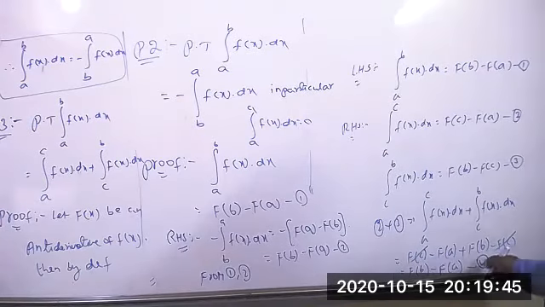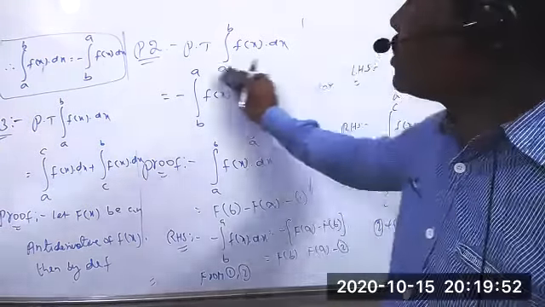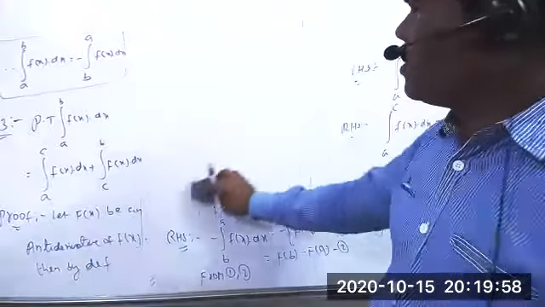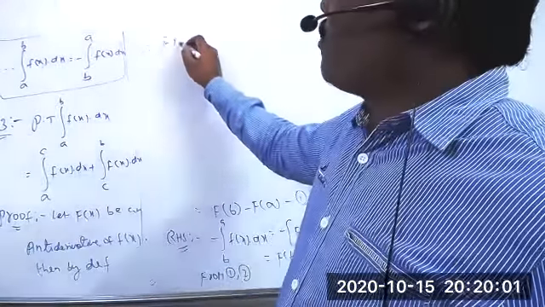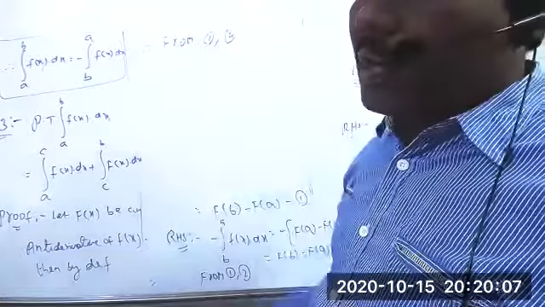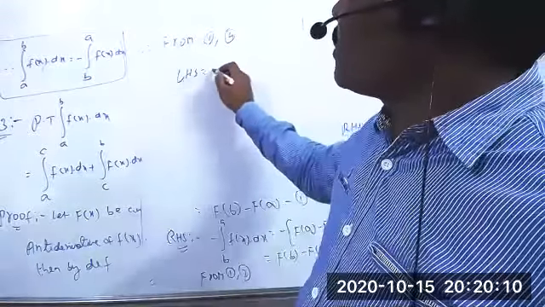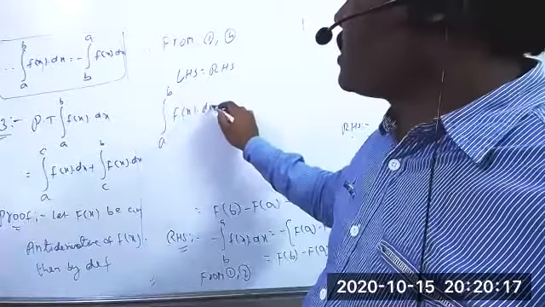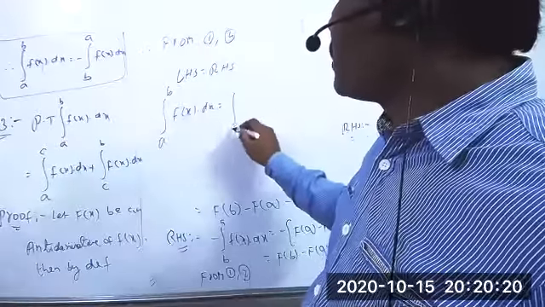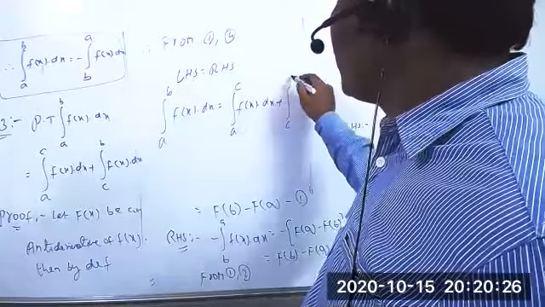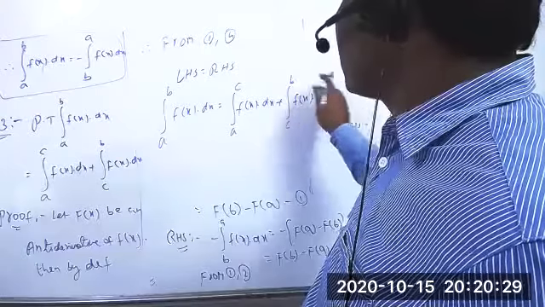So from the first and fourth equations, what are we saying? LHS equals RHS. Therefore, from 1 and 4, the integration of a to b of f of x dx is equal to the integration of a to c of f of x dx plus the integration of c to b of f of x dx.